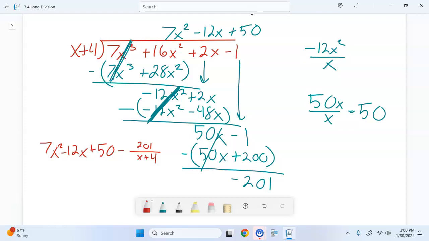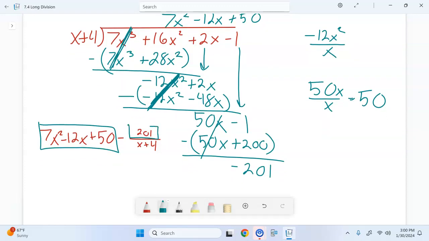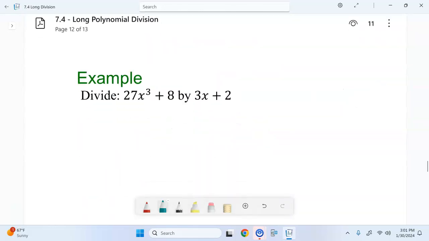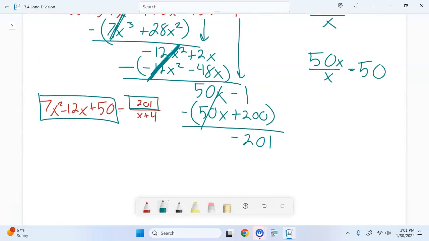Pay attention on your assignment because sometimes it'll have a blank like this, and sometimes it'll have a blank like this and it'll say plus with a blank over the divisor. So if you see the plus sign, just remember that that needs to be negative. Does that make sense? Okay. Now if it asks about the remainder, you can either write it minus 201 because it's a negative 201, right? Or as plus negative. Either one's fine.